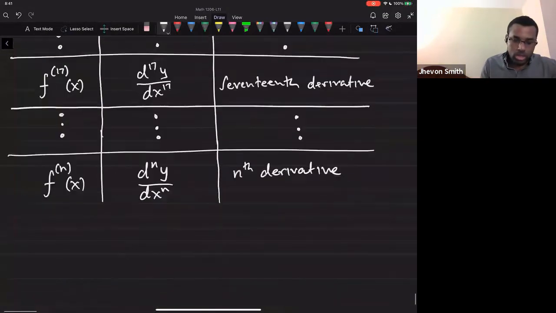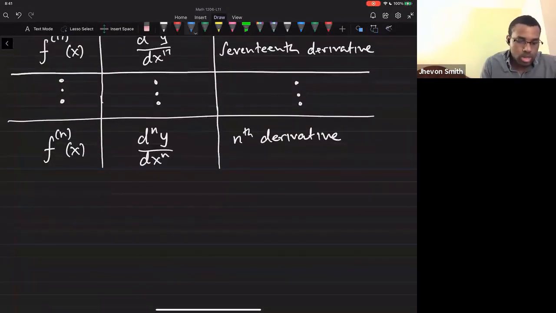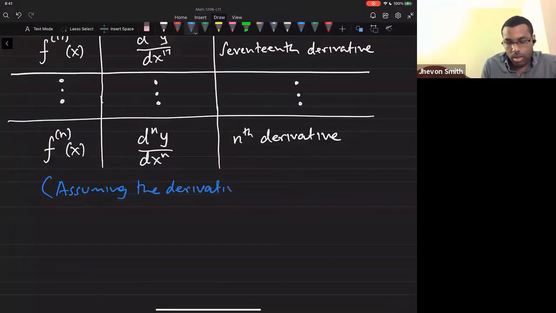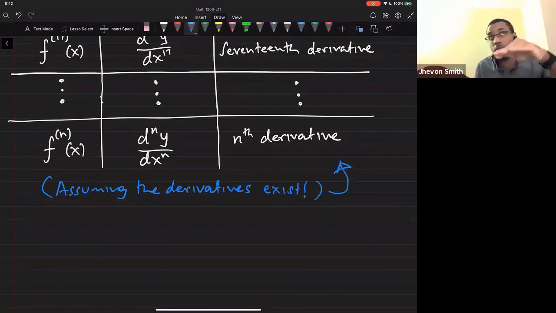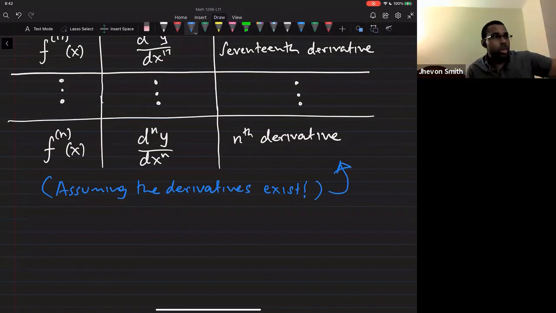So of course, this is assuming the derivatives exist. Because it's possible for a function to not be differentiable. We saw a case like that with absolute value of x.